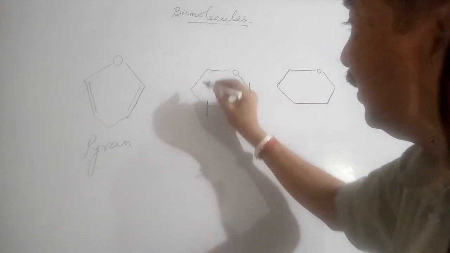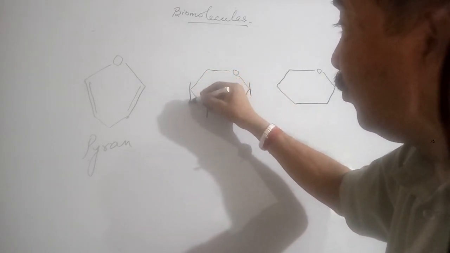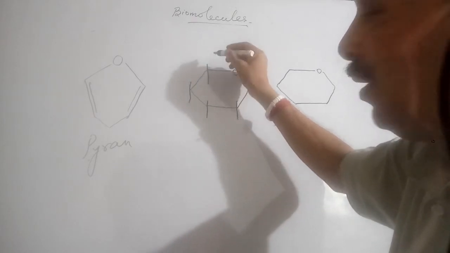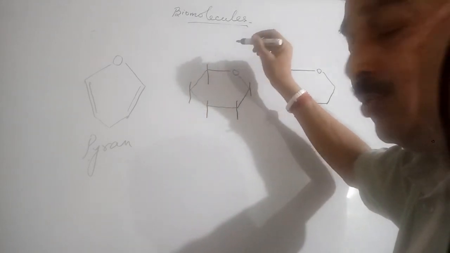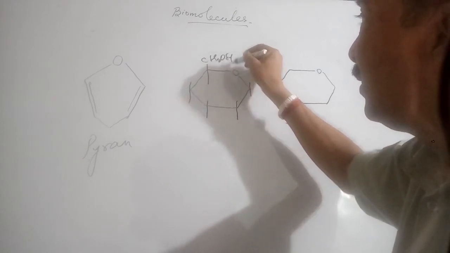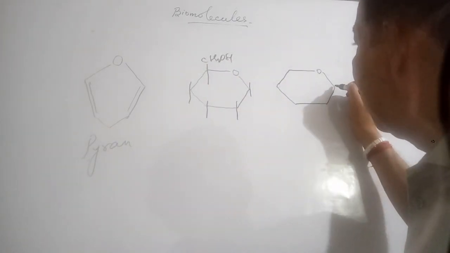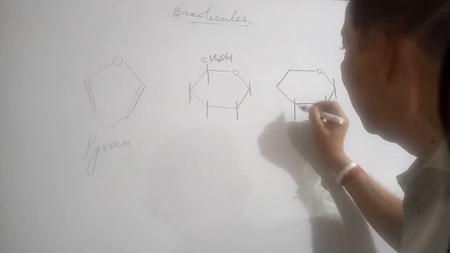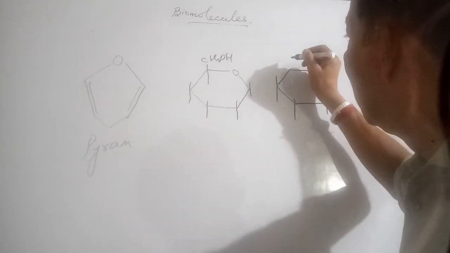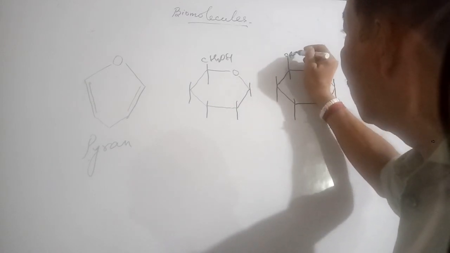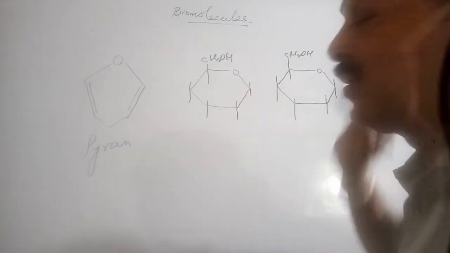First, second, third, fourth, fifth, and here will be CH2OH, sixth. First, second, third, fourth, fifth, this carbon, and sixth one is your CH2OH.